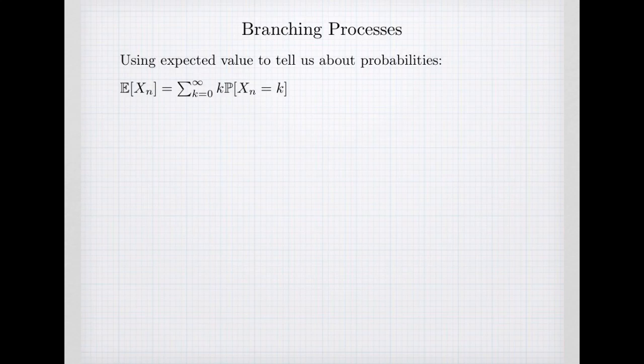So what we do is we write down what the expected value means. The expected value is the sum of the possible values for a random variable times the probability that it takes on that value.